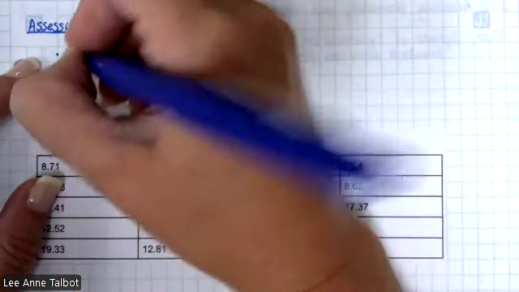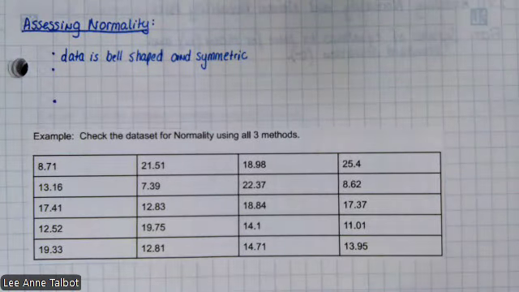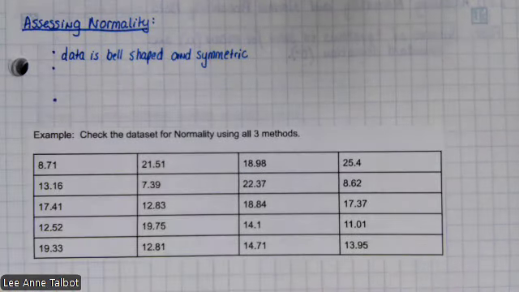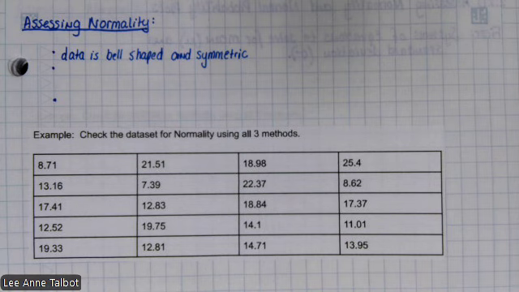Data, sorry. It's part of my weird font that's half cursive, half not. Anyway, the first way you can assess whether a data set fits the normal curve is if you look at a graph of it and the graph shows that it's bell-shaped and symmetric. To save us time, I don't need you to do this because we don't have time to enter all of these numbers into L1.